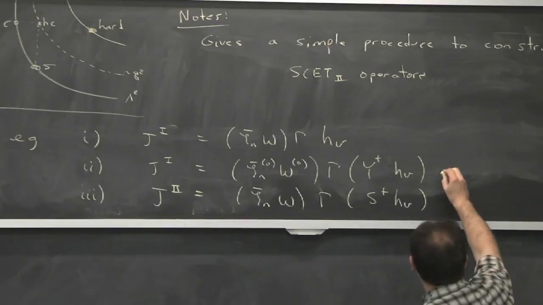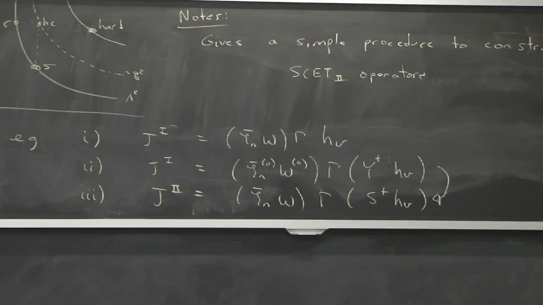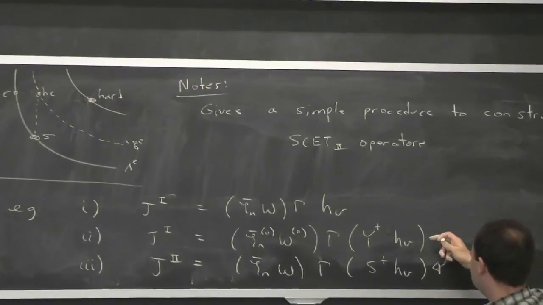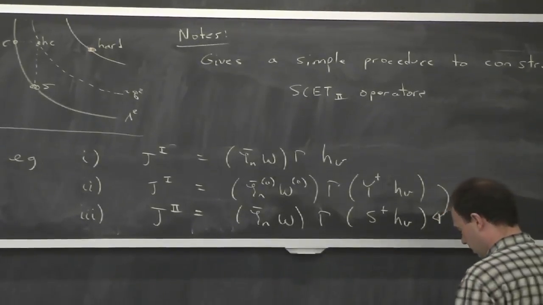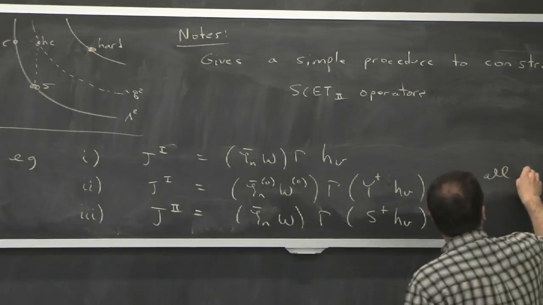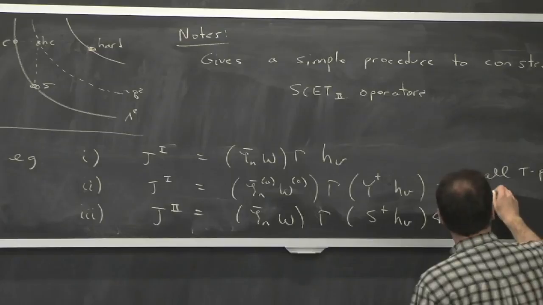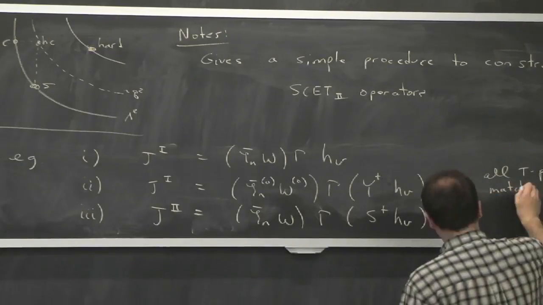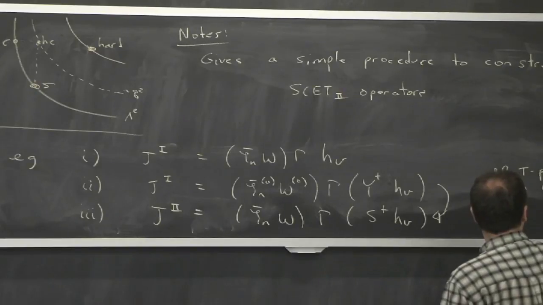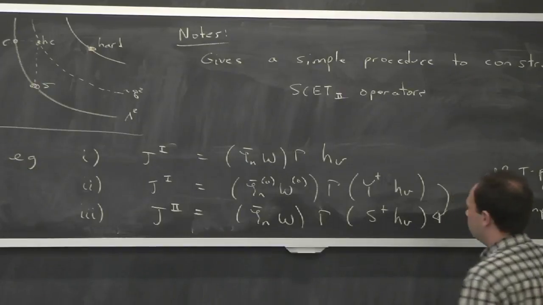So why is this step so easy? It looks completely trivial. The reason that this step is so easy is that any T product, any time order product that you write down here will have a correspondence in this other case. It really is that simple.